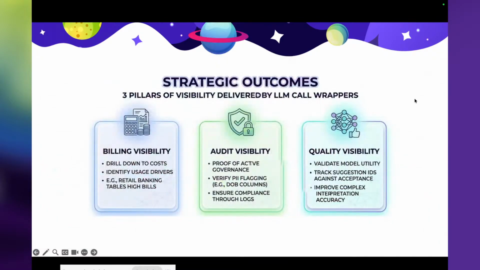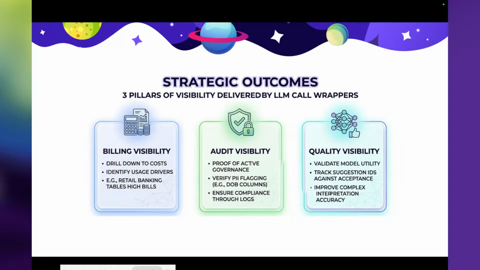Moving on to the strategic outcomes that it brings to us, we see here the three pillars of visibility, delivered by the LLM call wrappers. Ultimately, implementing this architecture isn't about the cool technology. It gives us three massive strategic wins for the business.